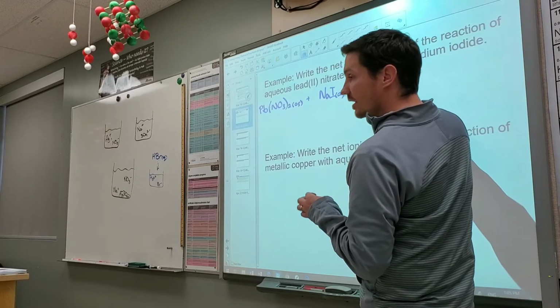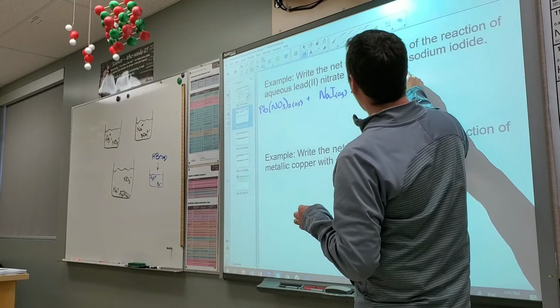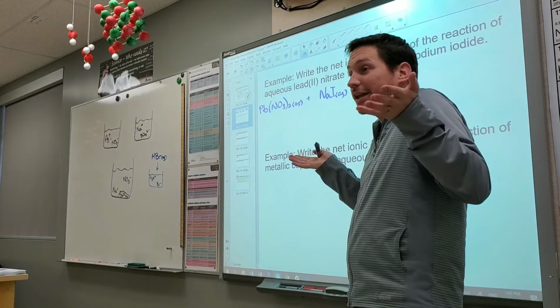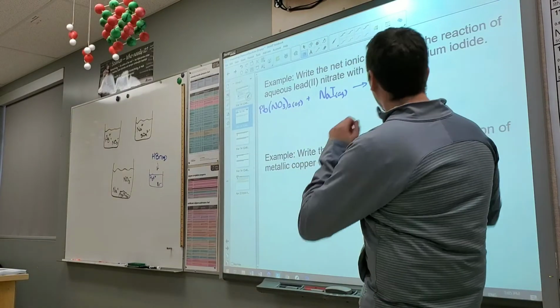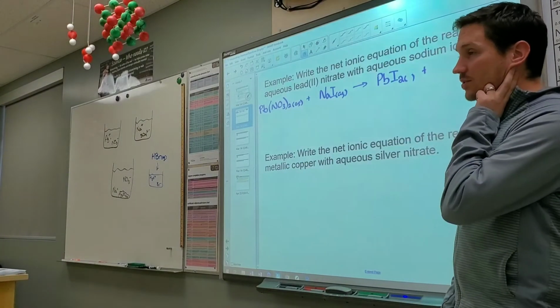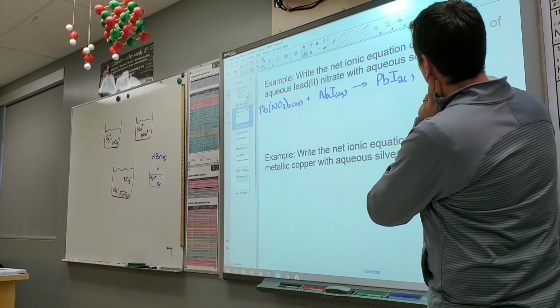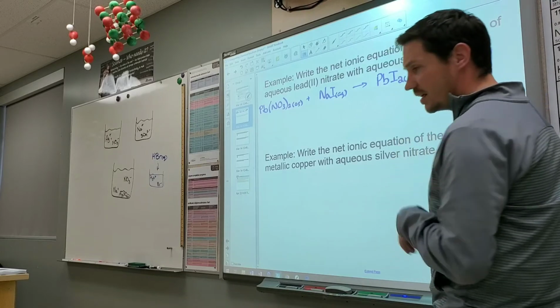So what's the formula for lead 2 iodide? PbI2, right? And I don't know what the state of matter is, so I'm going to leave it blank for now. And what else are we going to get? Sodium nitrate. And I don't know what the state of matter is.